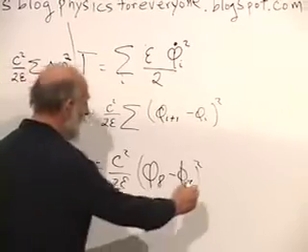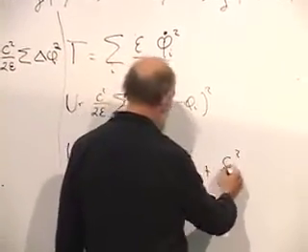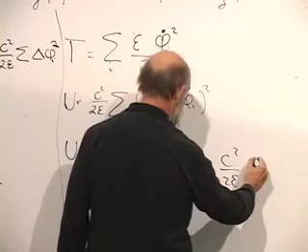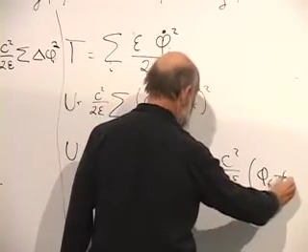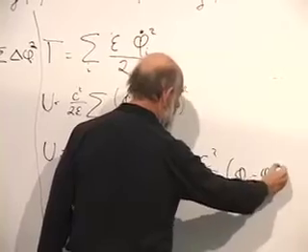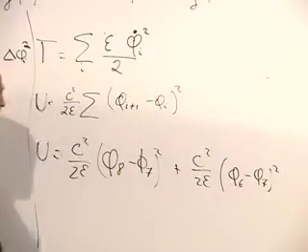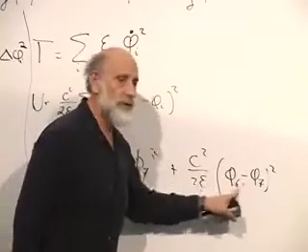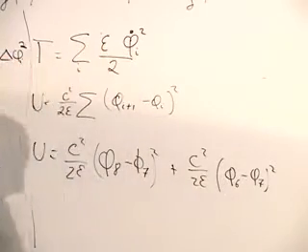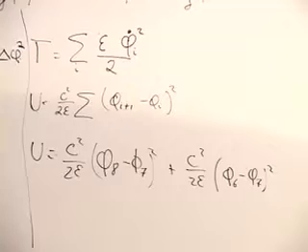And then plus c squared over 2 epsilon, phi 6 minus phi 7 squared. And again, it doesn't matter whether we write phi 7 minus phi 6 or phi 6 minus phi 7. They're the same thing, squared.